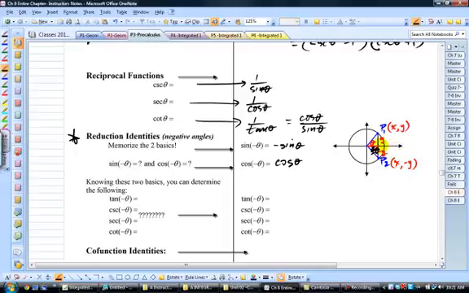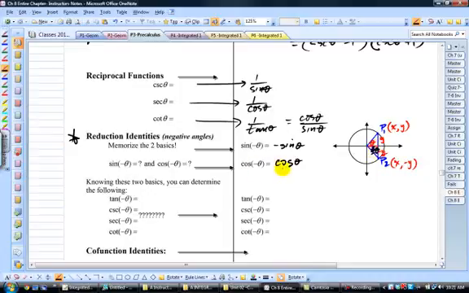So notice here that the x-coordinates are the same. So the cosine of theta would be the x-coordinate, would be the same as the cosine of negative theta down here, because the x values don't change, because you go right x units and then go either up or down to get to P1 to P2. So the x-coordinates are the same, so the cosine of theta should be equal to the cosine of negative theta.